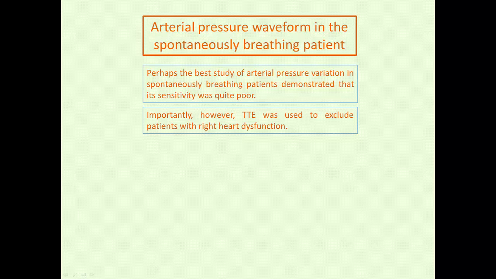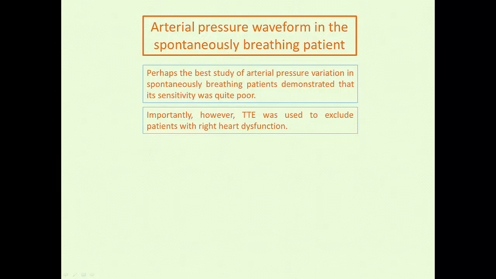They looked at pulse pressure variation in purely spontaneously breathing patients. There's no CPAP, no BiPAP, no nothing. They're just breathing on their own. These patients all had transthoracic echocardiograms to exclude right heart dysfunction.